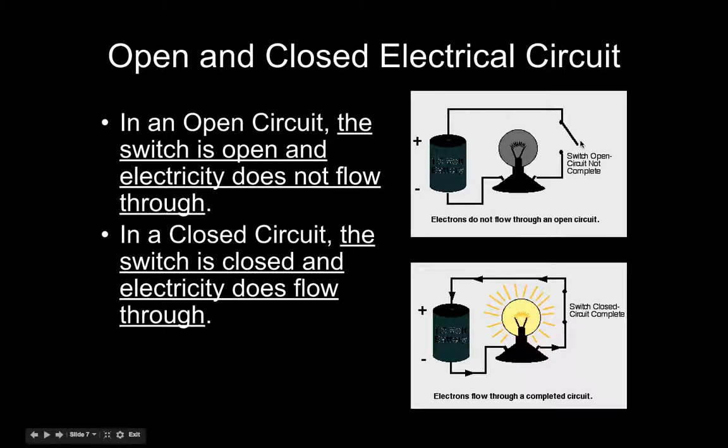If the light is off and the switch is one way, you flip the switch and turn it the other way and the light turns on. In your house, on the walls, the light switches work the same way. If the switch is one way and the light's off, you flip it the other way to complete the circuit and the electrons are going to flow through.